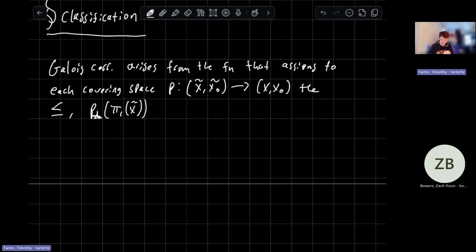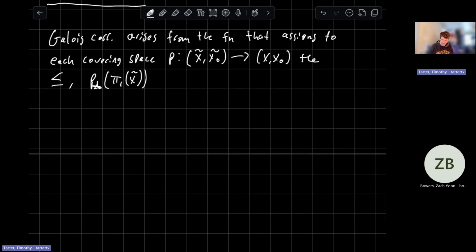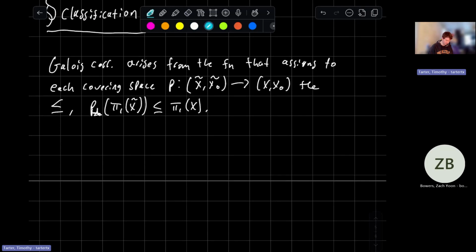Since we're assuming connectedness, I'm going to remove the base point from everything. And this is a subgroup of pi1 of X. Really this is a functor.